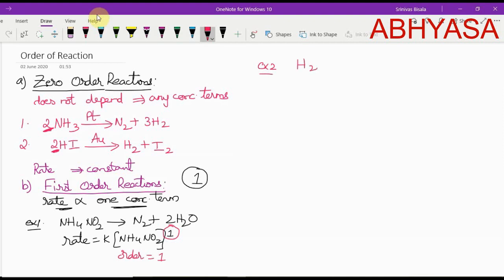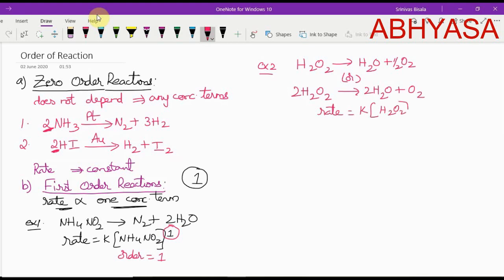Decomposition of hydrogen peroxide giving rise to water and oxygen. Whether you write the reaction in this particular way or you balance the reaction in such a way that you get 2 moles of H2O2 giving rise to 2 moles of water and 1 mole of oxygen, in both the cases it was found that rate is equal to K into concentration of H2O2 raised to the power 1.